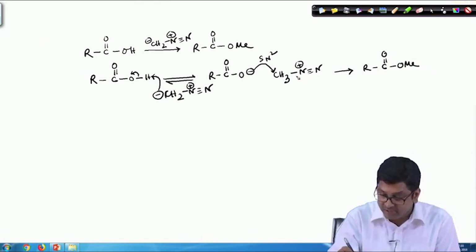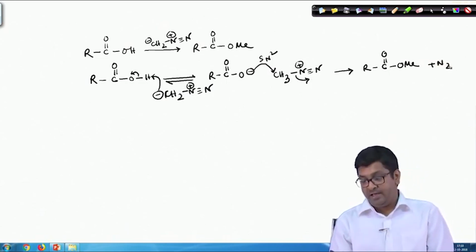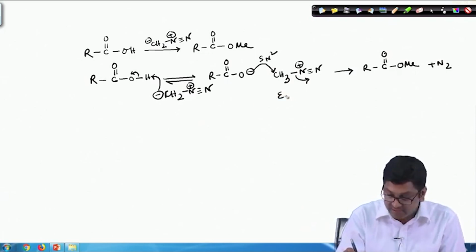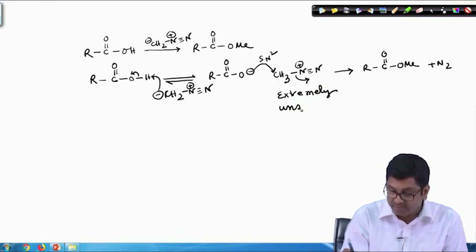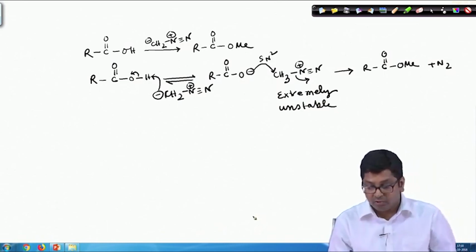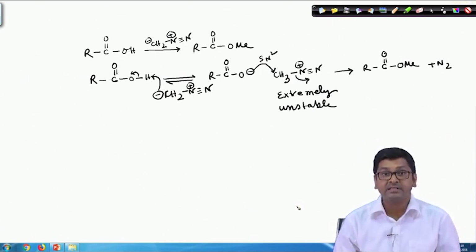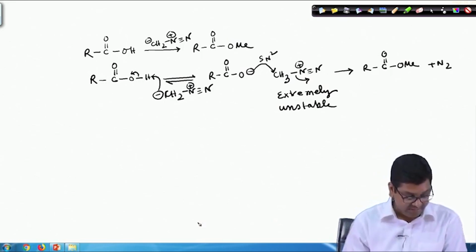Okay. And here this nitrogen will eliminate, and this compound is extremely unstable. So, in these reactions, the carboxylic acid in presence of diazomethane can generate the methyl ester of that corresponding carboxylic acid.